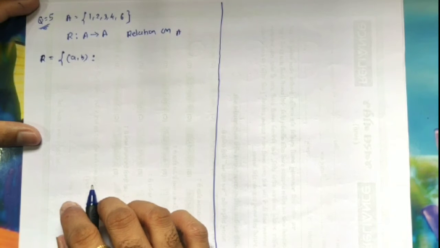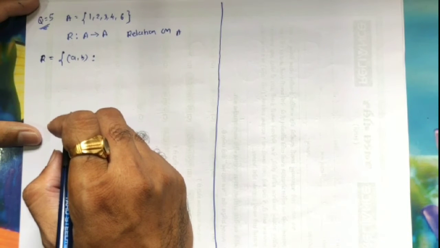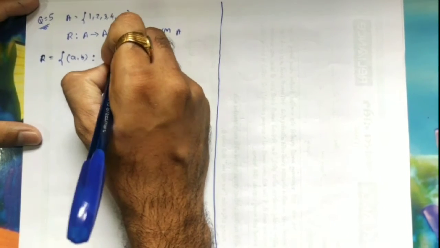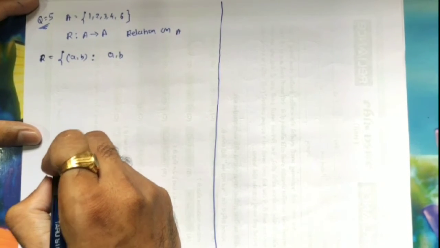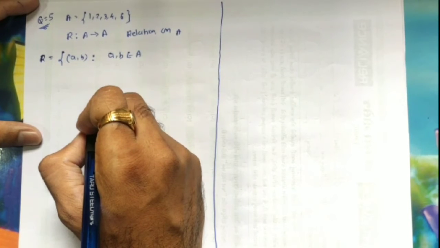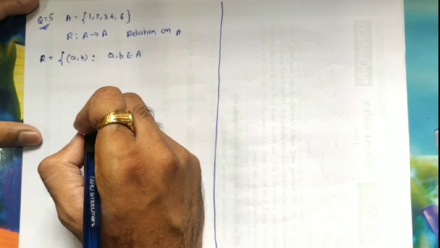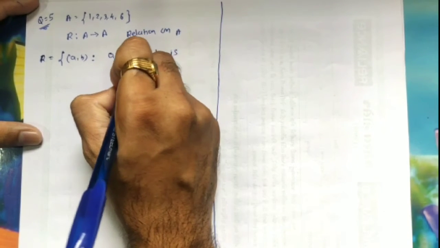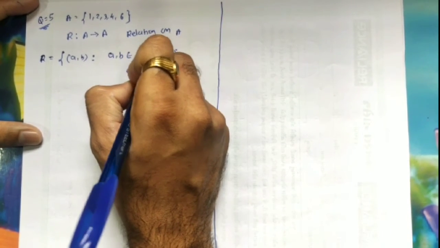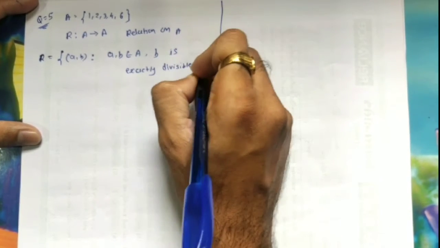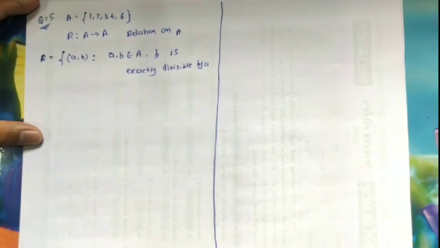So set of ordered pairs (a, b) such that (a, b) belongs to A, first element and second element both will belong to set A, and b is exactly divisible by a.